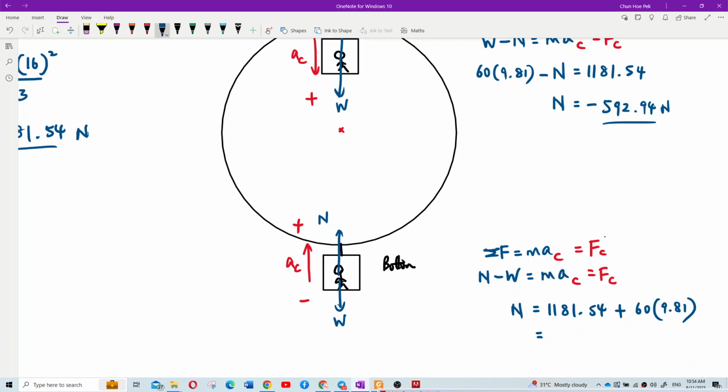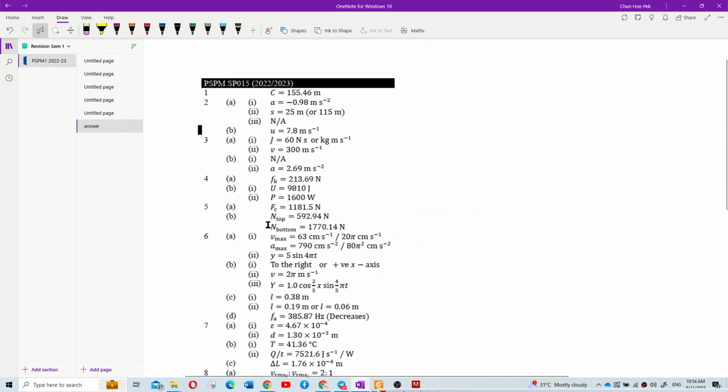So 60 times 9.81 plus 1181.54 gives 1770.14 Newton. Is that correct? Yes, the bottom is 1770.14. Correct.